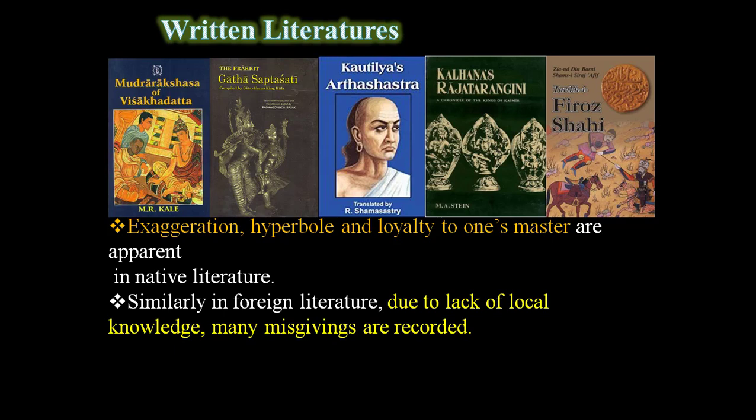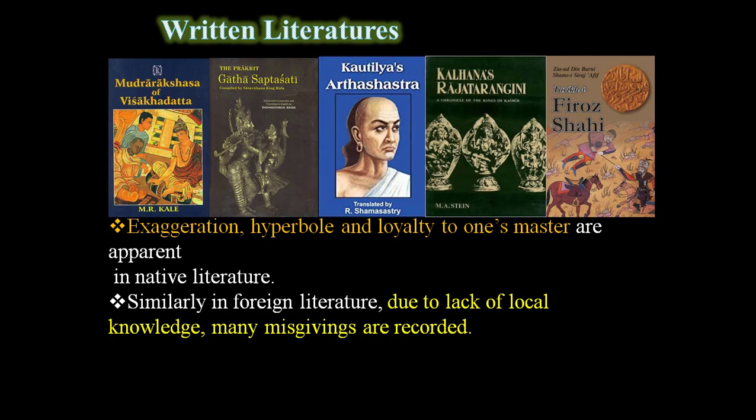Not only native literature, even foreign literature may have some drawbacks, like due to lack of local knowledge. A person like Hiuen Tsang, basically from China, did not know our Indian languages.